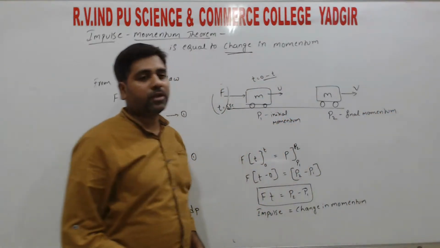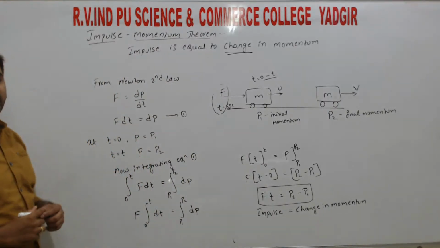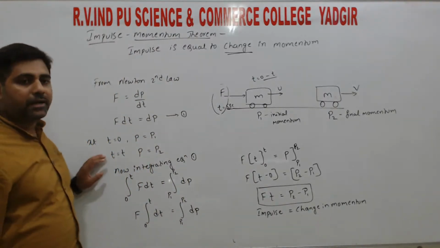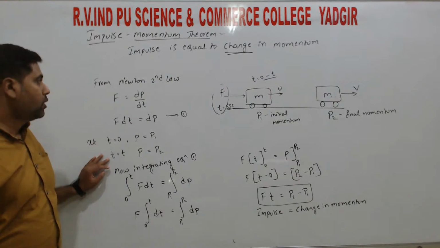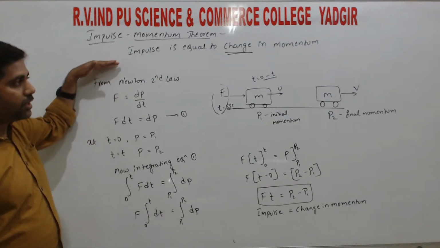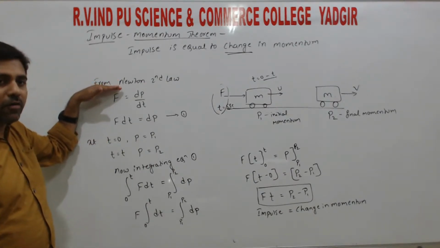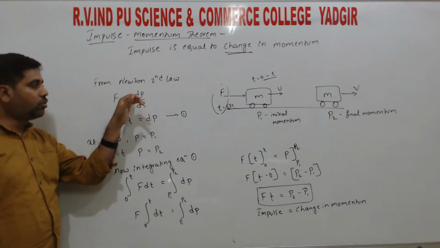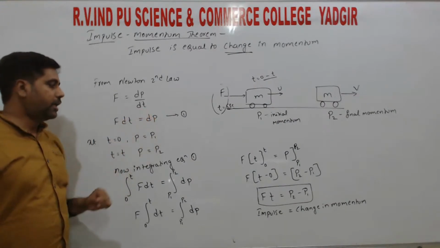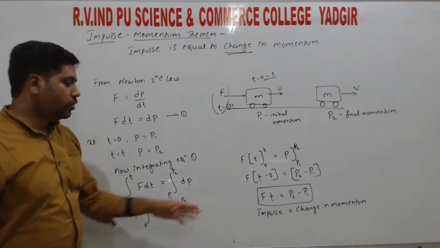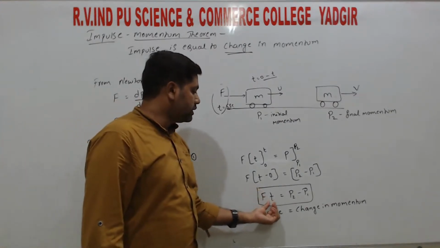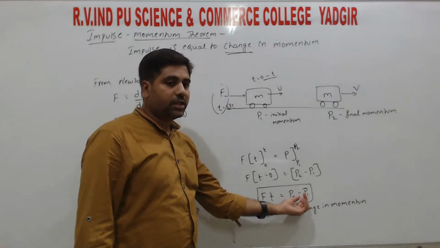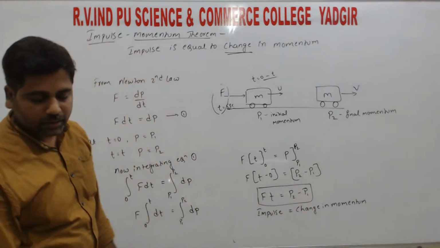Change in momentum means final minus initial, we call that one change, right? Same, the statement we start from is Newton's second law of motion, F is equals to dp by dt, or F is directly proportional to dp by dt, right? This is important, we should know this. Impulse is always equals to change in momentum, right?